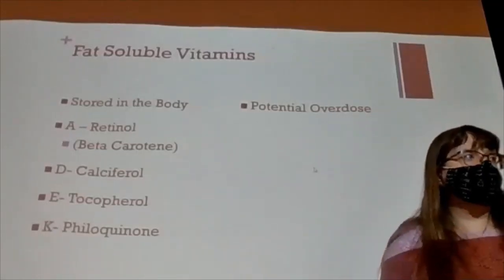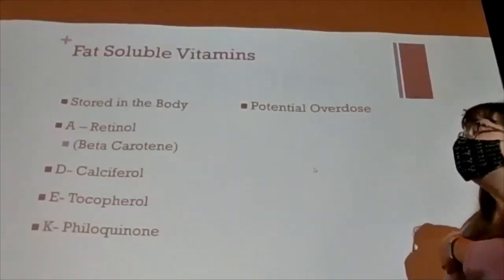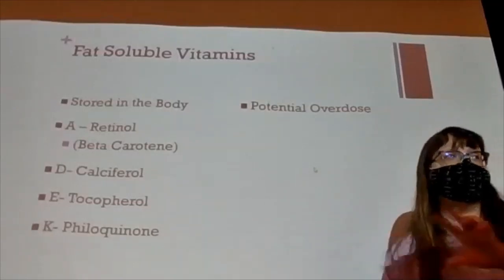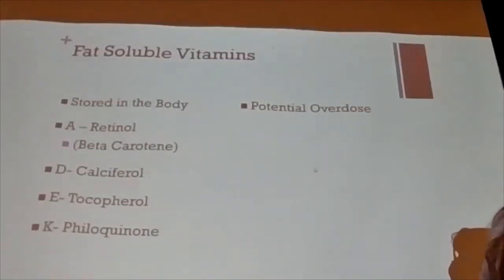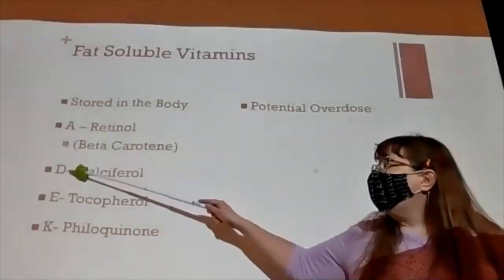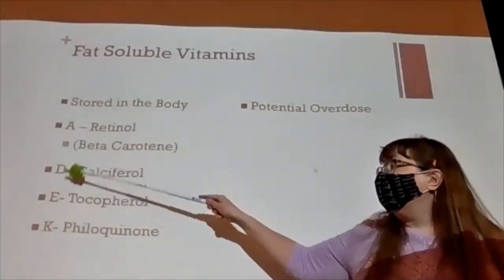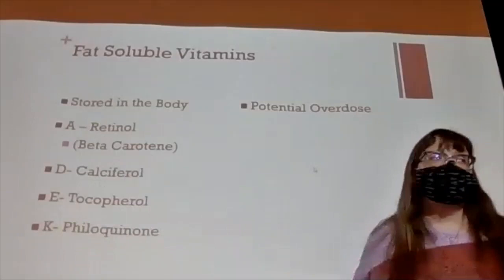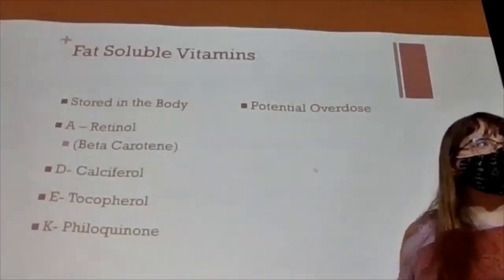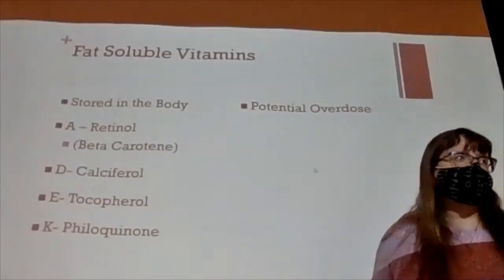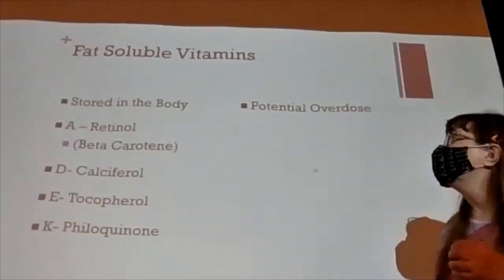Vitamins are organic, so they have these carbon chains and things. And vitamins can be divided into two categories, fat-soluble and water-soluble. And so I want you to know these four are the fat-soluble ones, and you can just know the letters. I have the names here because they're kind of related to some things that we're going to see, but you just need to know which letters are fat-soluble.